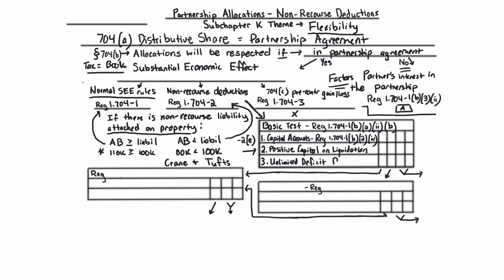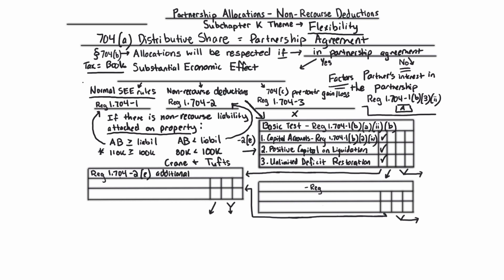This basically says, if you go negative in your capital account, you have to make that up in unlimited amounts, which means this is never going to be met for a limited partner or limited partnership, only a general partnership. If we meet all 3 of these requirements, then we come over to some additional requirements of Reg 1.704-2(e). There are 2 additional requirements.